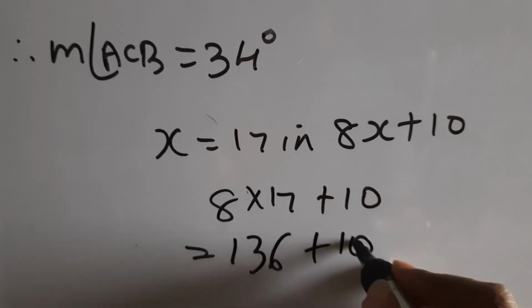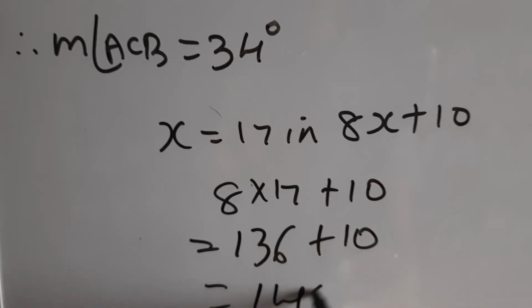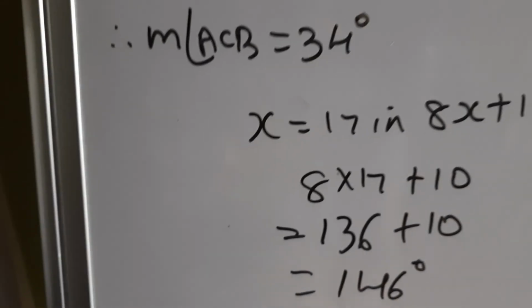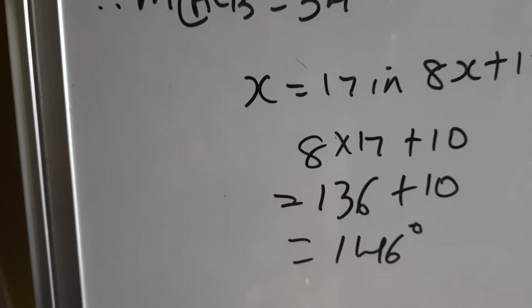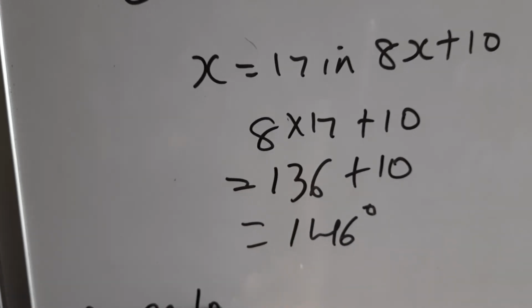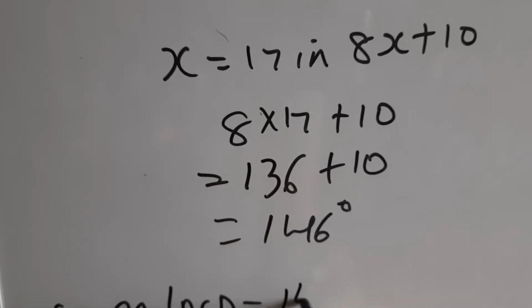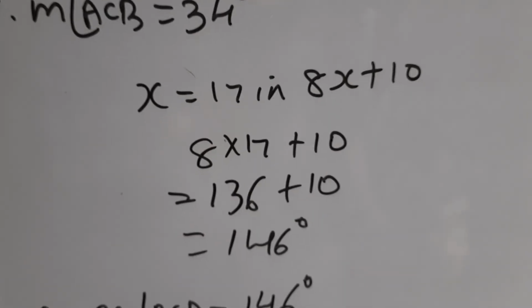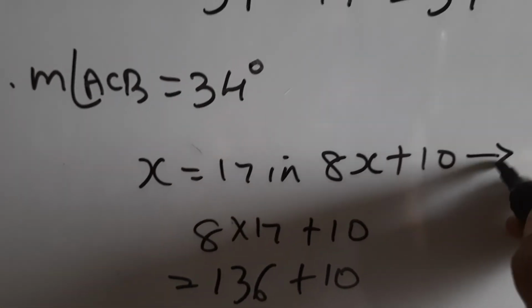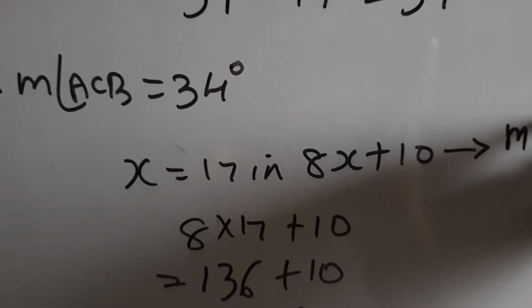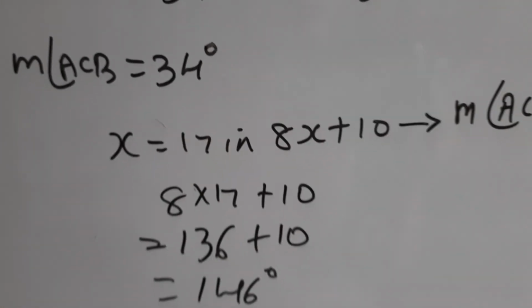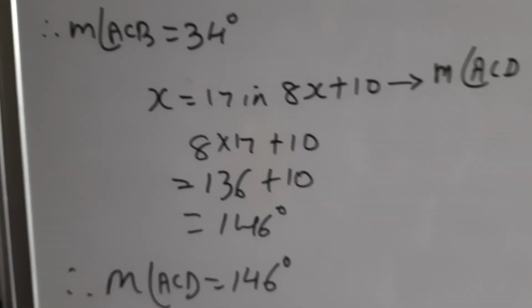Plus this 10, and that is equal to 146 degree. Therefore, measure angle ACD is equal to 146 degree. Okay, here we can just write it down as measure angle ACD. So we have found out both the angles, children.